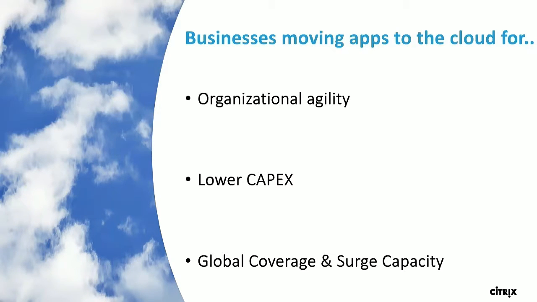One is the digital transformation that's happening and embracing that digital transformation to be more agile as far as the speed of development of these applications, lowering the cost of the investment and lowering CapEx for these applications, as well as having that global reach across multiple regions and being able to scale up and scale down as the demand increases or decreases.